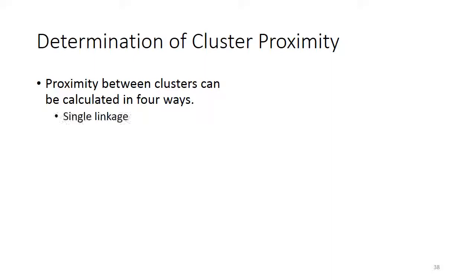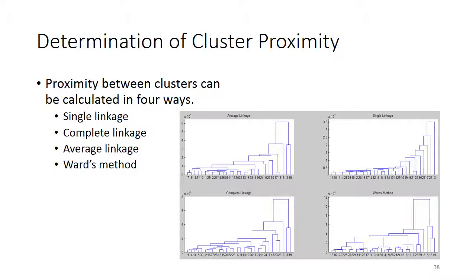So, as we can see, we have these 4 methods of calculating the distance or proximity between clusters, and when we visualize these 4 methods, we can see that we get quite different results in the way that they cluster. At a glance, we can see that average linkage, complete linkage, and Ward's method have dendrograms of similar shape.